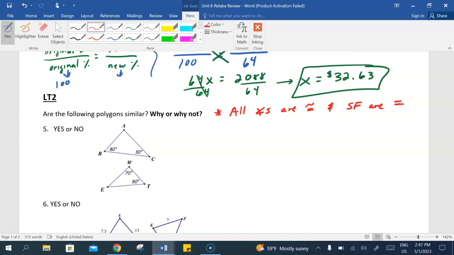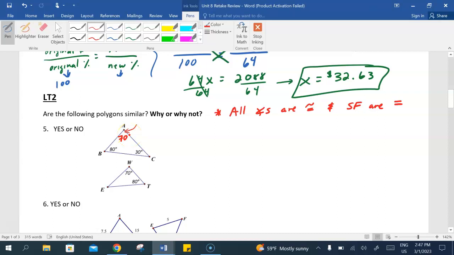So for example, number 5, I have two triangles. The first one on the top is 80 degrees and 30 degrees. Well, I need to find this missing one, but I know that all triangles add up to 180 degrees, which means that this one inside has to be 70 degrees.